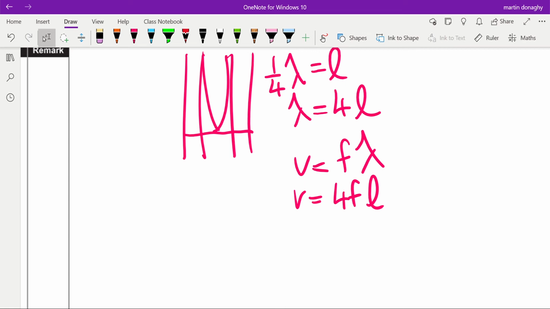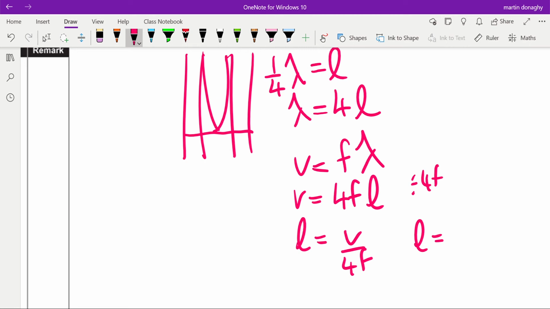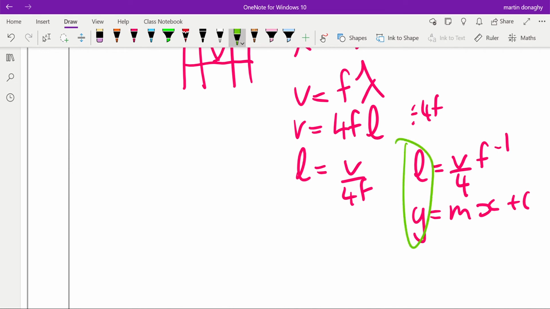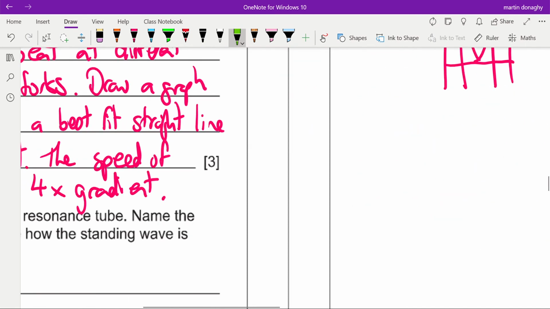Then we can divide through by the 4F and rearrange it to give L equals V over 4 times F to the minus 1. When we compare that to y equals mx plus c, we can see that if we put L on the y-axis and F to the minus 1 on the x-axis, like we stated, the gradient is V divided by 4, and it should go through the origin.